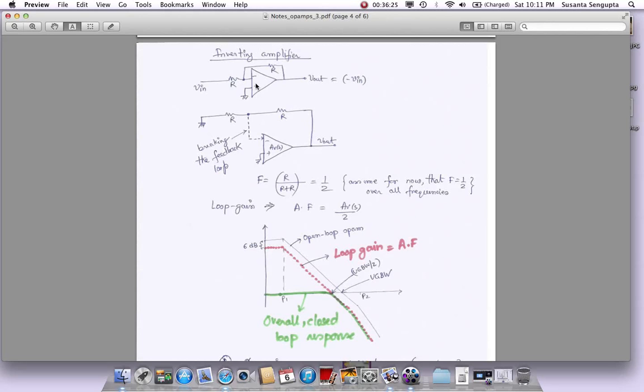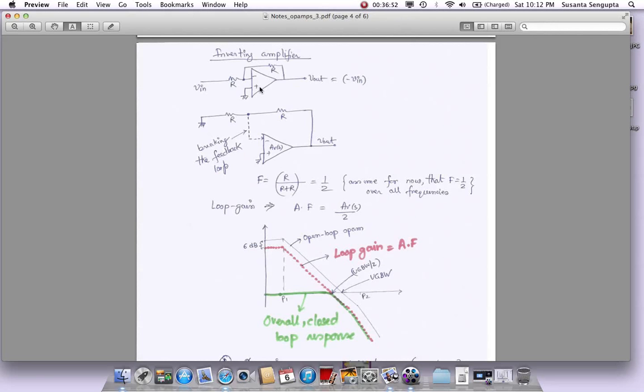So if I have a system and you are trying to derive the specifications for it, say an inverting amplifier where I want a unity gain bandwidth of 100 megahertz, then you actually have to start with an op-amp which is 200 megahertz. If you start with 200 megahertz, you're going to end up with 100 megahertz because the feedback factor is half. That is a key thing to keep in mind.